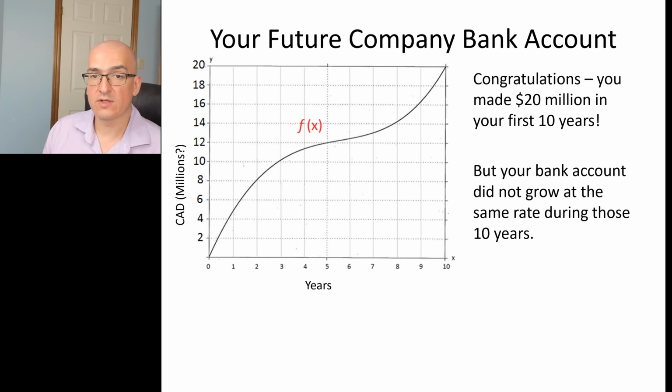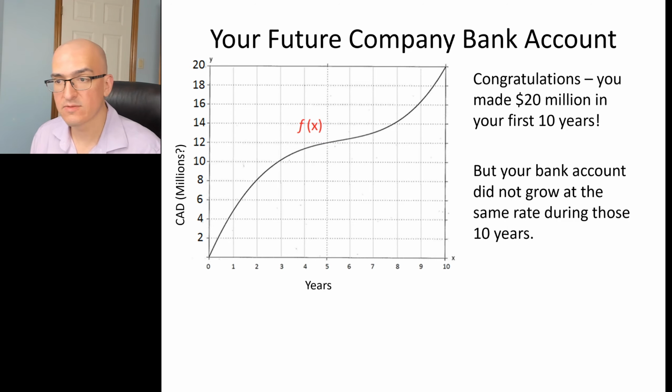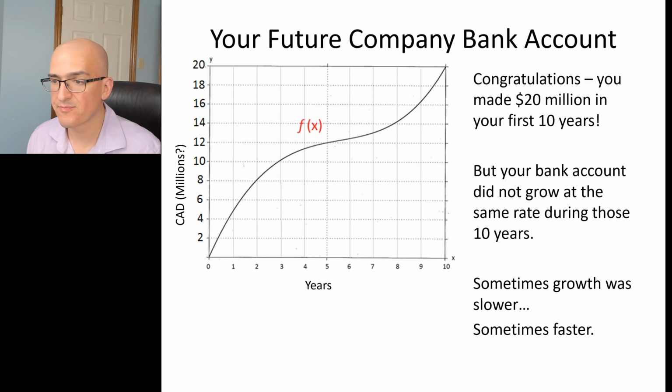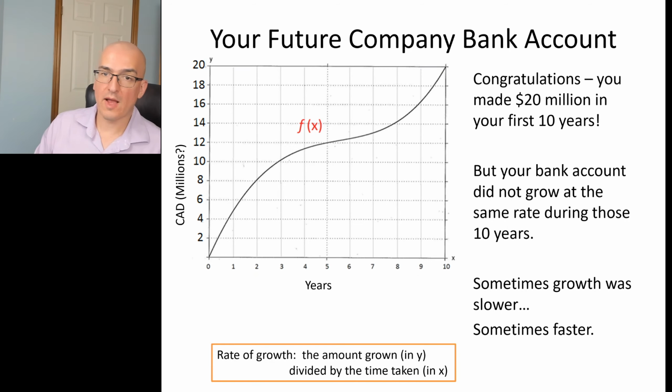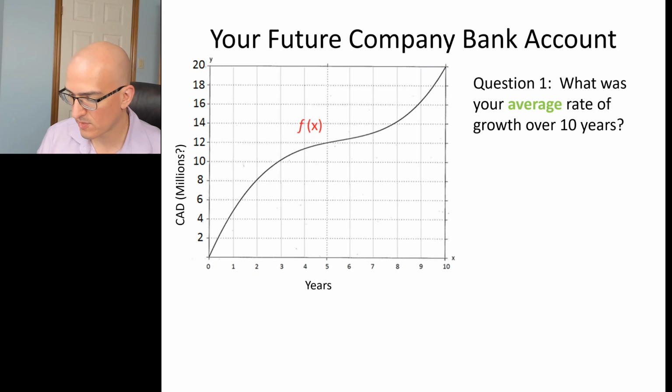We can quantify these things using fairly simple math. I'm going to define the growth rate as how much the y value changes divided by how much the x value changes. The slope, delta y over delta x. So the first question I want to ask you is, what was your average growth rate over 10 years?